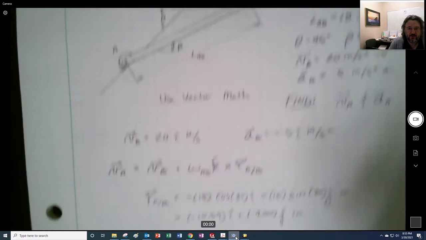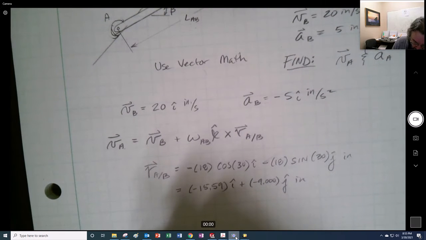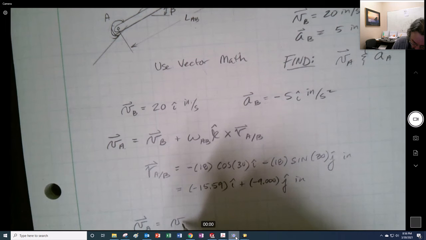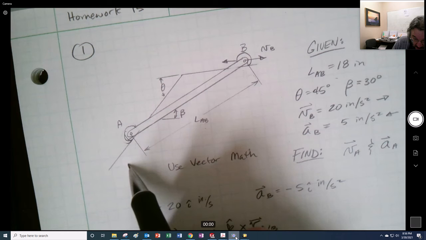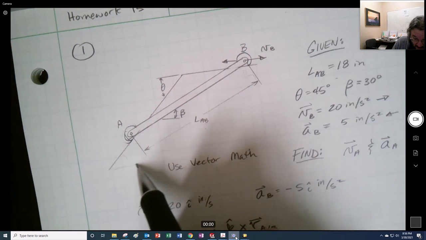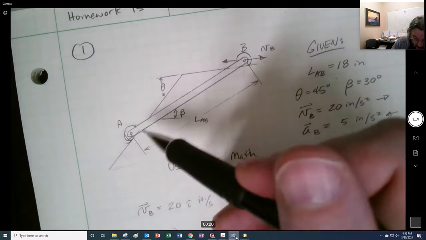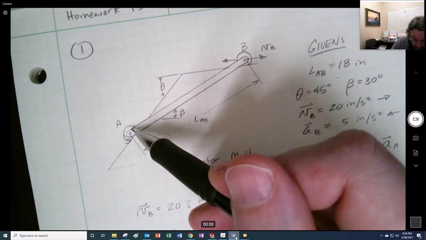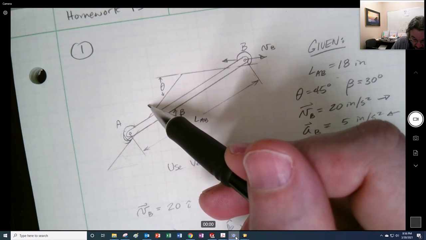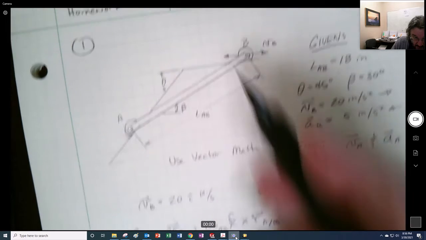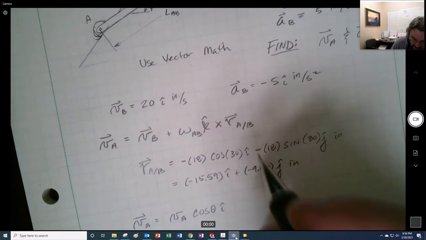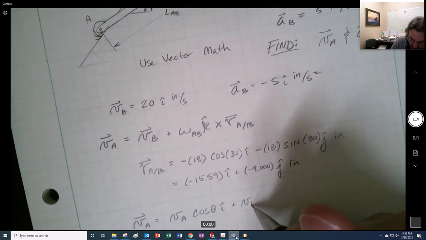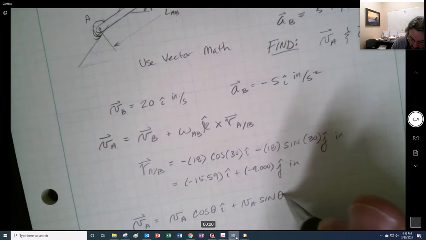Maybe I wanted to put this up earlier, but let's say that we recognize that VA is going to be equal to VA times, and I'm going to say that the angle is coming based on this direction right here. So this is theta right here. Therefore, in the x direction, it will be the cosine. It doesn't really matter when it comes to 45 degrees, but I wanted to get this right, and sine of theta j.